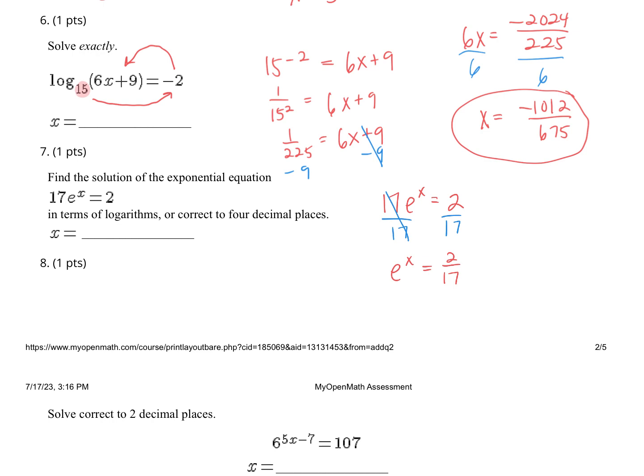Then we could rewrite this in log form. Since it's an e, it's natural log. Natural log of 2 over 17 is equal to x. That would be your answer in log form. If you wanted 4 decimals, you would just put this in your calculator, and I get negative 2.1401 rounded to the 4th decimal.